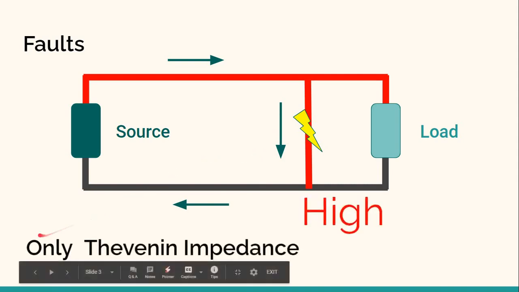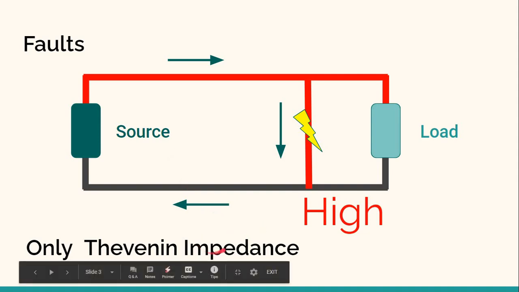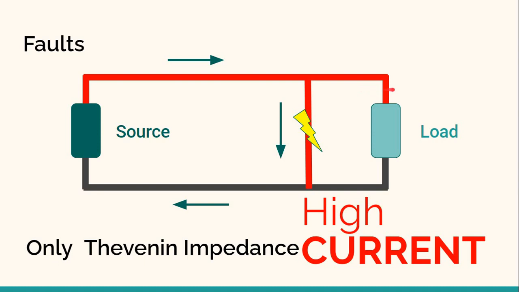In this condition, only the Thevenin impedance in the circuit is responsible for limiting the current. Since the Thevenin impedance is low in nature, the resulting current will be high in nature. Once the insulation is breached, the effective load impedance is removed from the network, and current will flow through the least opposition path.